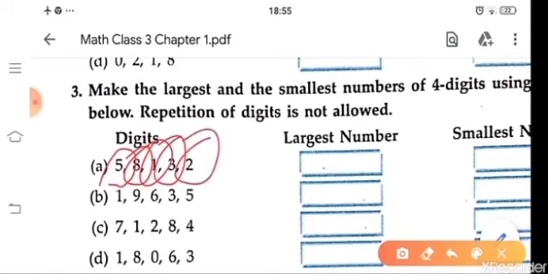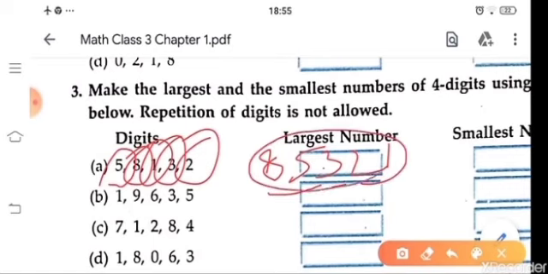We cannot repeat the numbers. So here it becomes 8, then 5 in decreasing order, children. Remember 8, 5, 3, 2, 1. It becomes 85,321. For the smallest number we use increasing order.